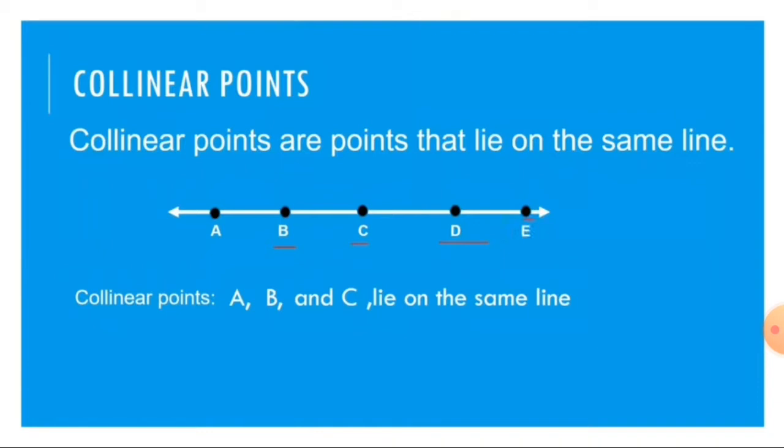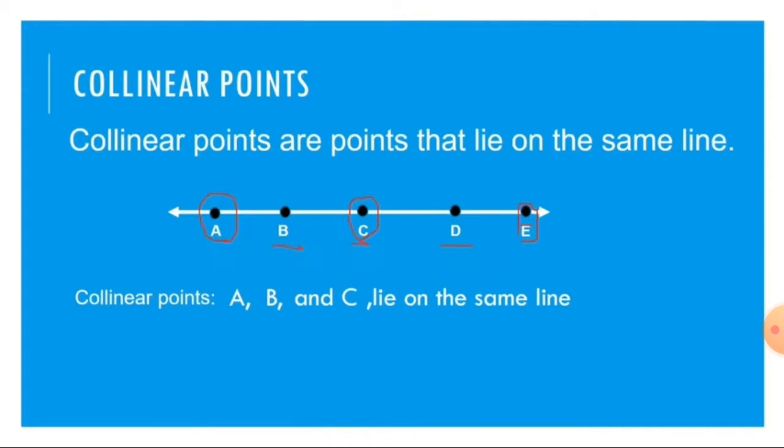Consider that that is point E. Pag pinili ko si point E, si point C, at si point A, ang tanong, collinear points pa ba sila? Kung ang sagot niyo ay yes, tama kayo. So point A, point C, and E are collinear points because they lie on the same line.